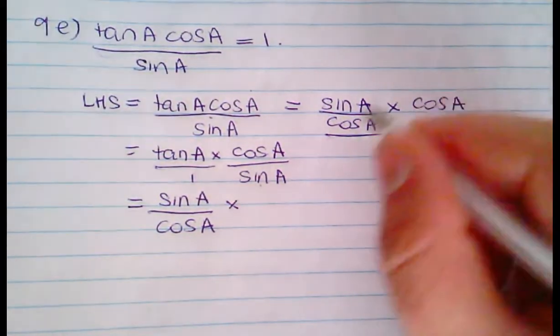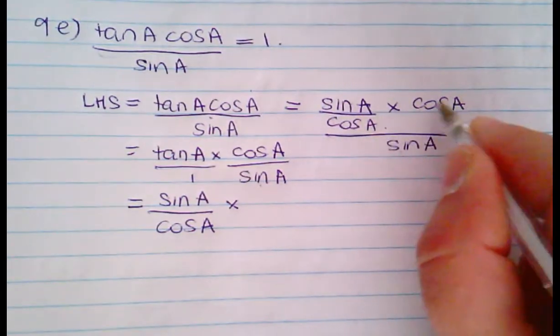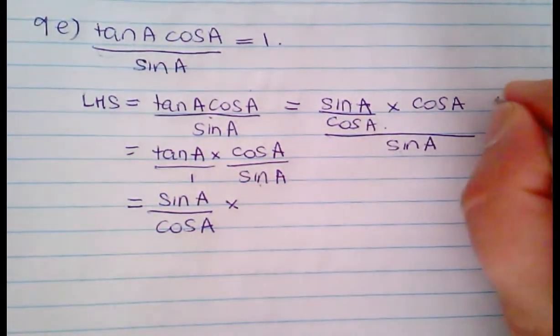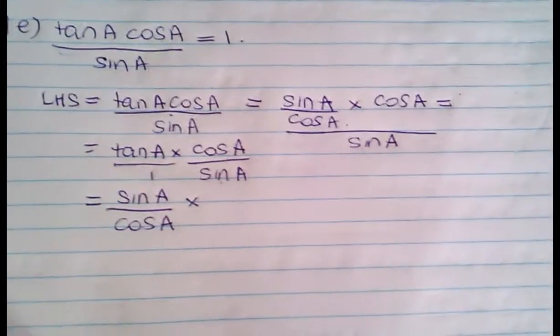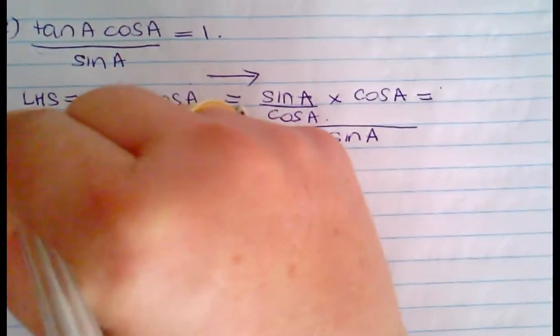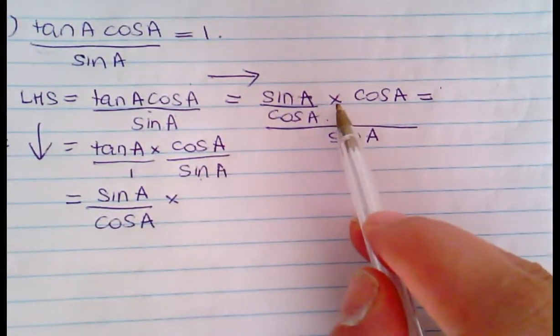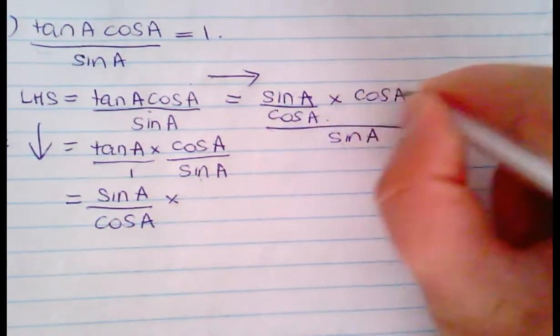But I can just say sine A over cos A times cos A, and I can just pretend I don't have the denominator, or I can put the denominator over here. I know I'm going off on two different tangents. I could go that way, or I could go this way. So let's say you did it like this: sine A over cos A times cos A divided by sine A. You could do your cancelling here now.